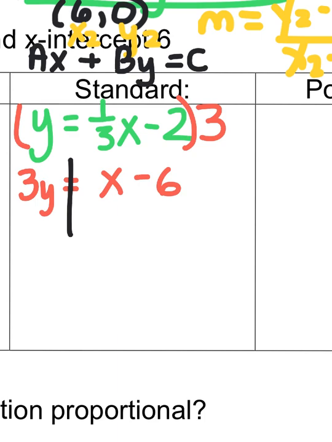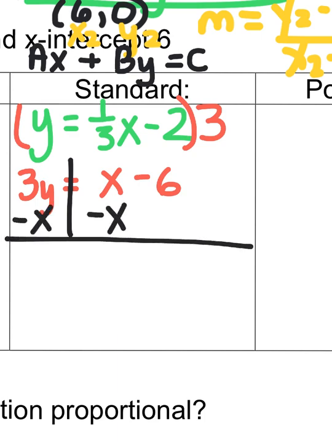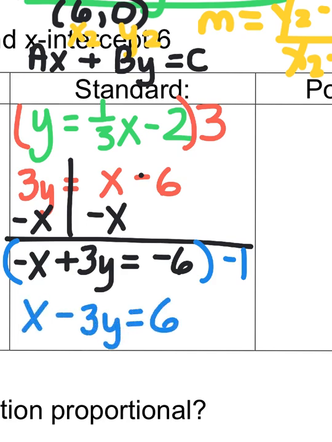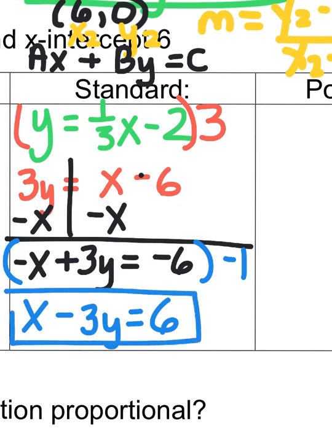So I want the x on the same side as the y. Let me rearrange that to have -x plus 3y equals -6. Don't drop that negative. But since my x is negative, and traditionally that is positive, we will multiply each term by -1. And we'll end up with x minus 3y equals 6.